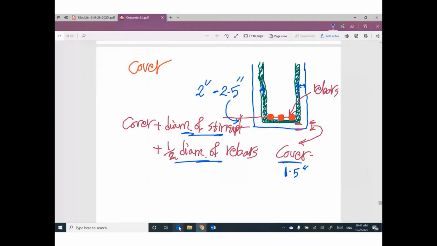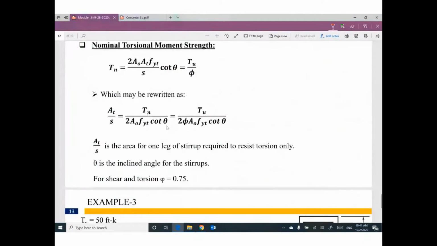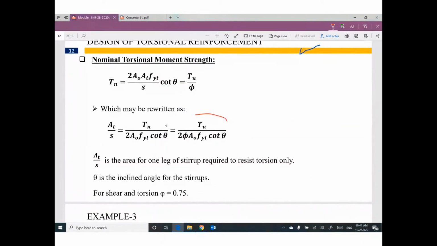Okay, then we need only to use this expression. At over s, area of torsion divided by s, equals T ultimate, which is the applied ultimate torsion, divided by 2 phi area A0 f yield cotan theta.